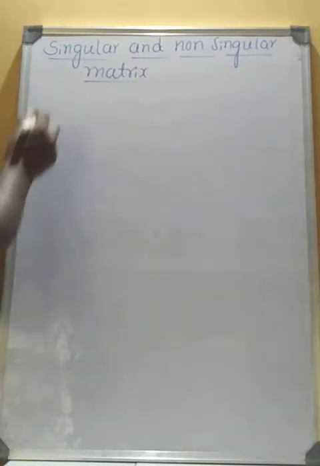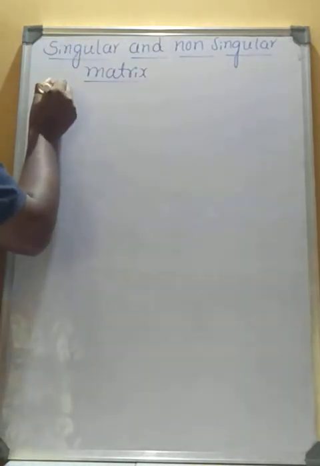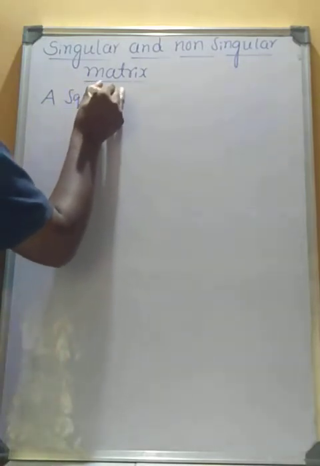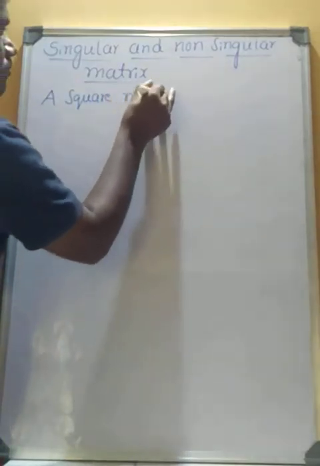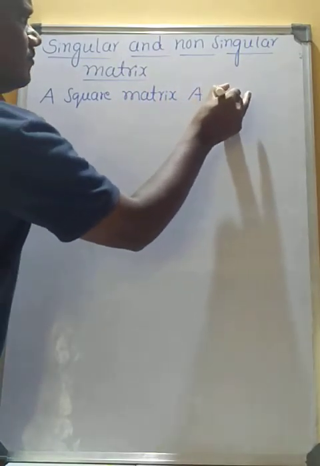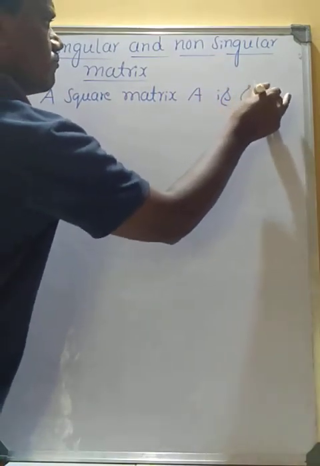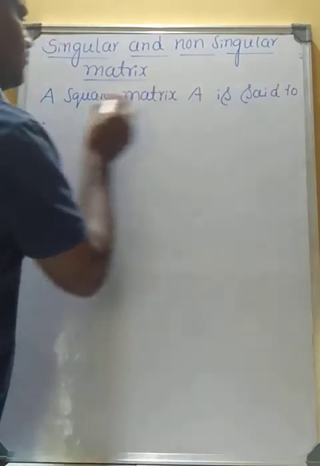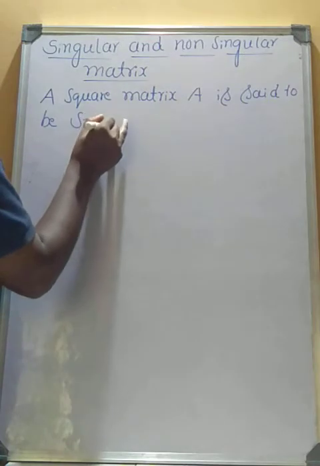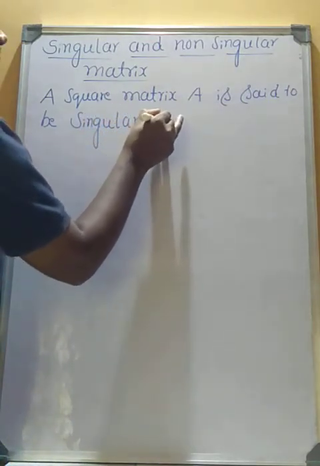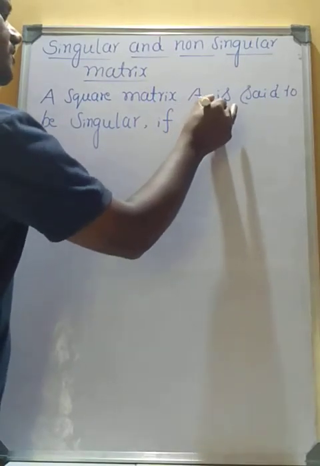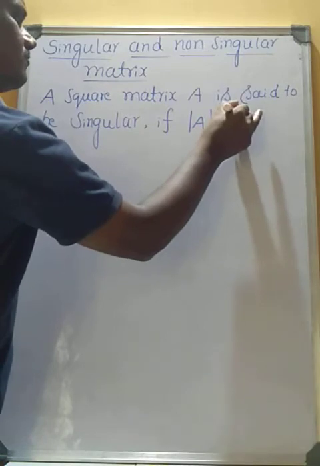So first, singular matrix. A square matrix A is said to be singular if determinant of A equal to 0.